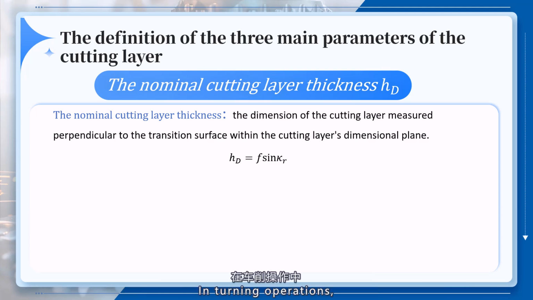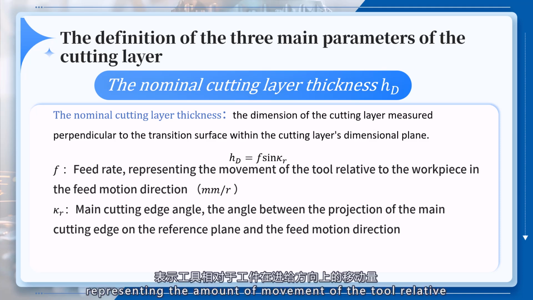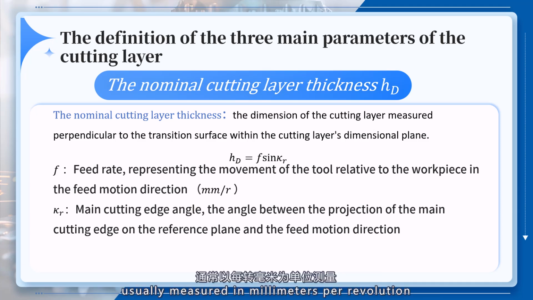In turning operations, the formula for calculating HD is HD equals F times the sine of kappa R, where F is the feed rate, representing the amount of movement of the tool relative to the workpiece in the feed direction, usually measured in millimeters per revolution.